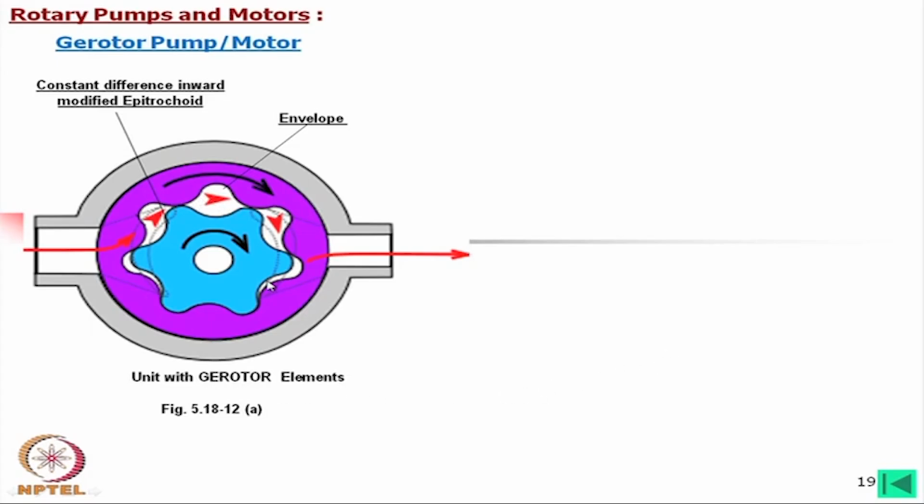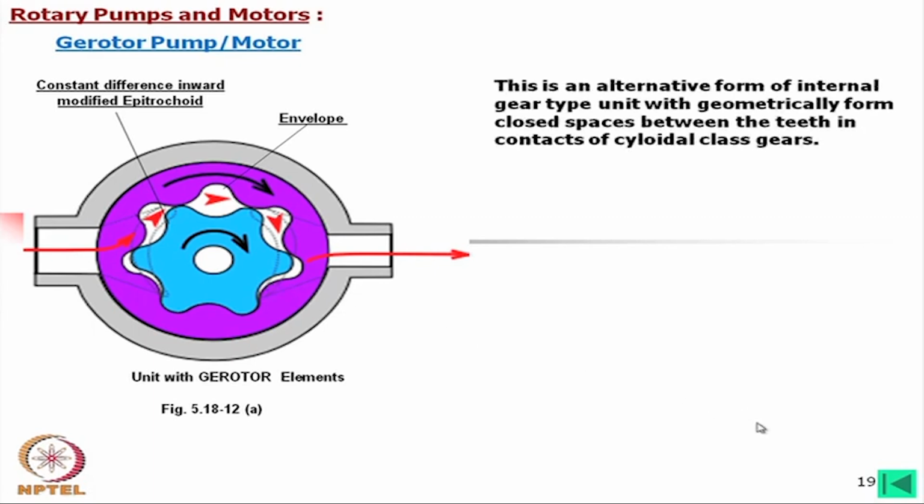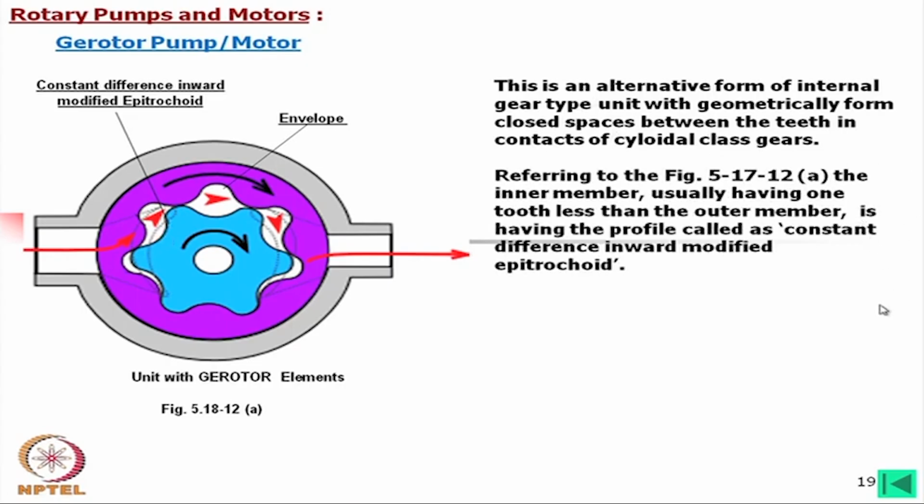Now, this is called gerotor elements. The epitrochoid is a modified curve of the cycloidal class of gears. You know how these profiles are generated.